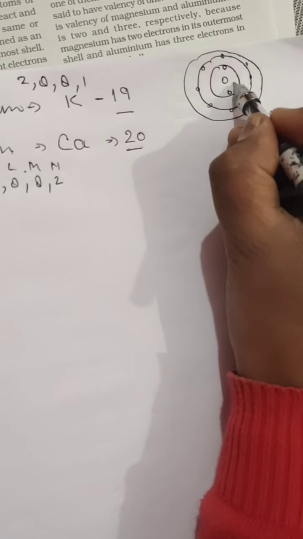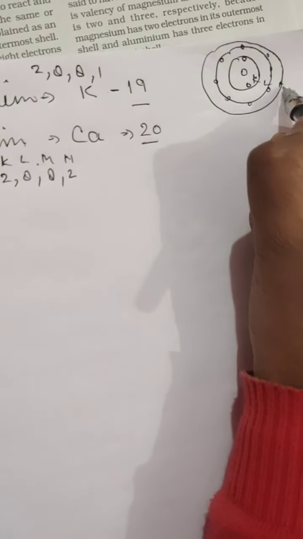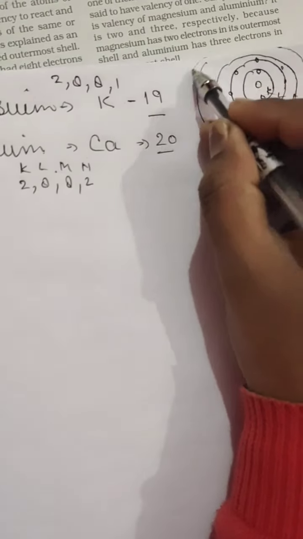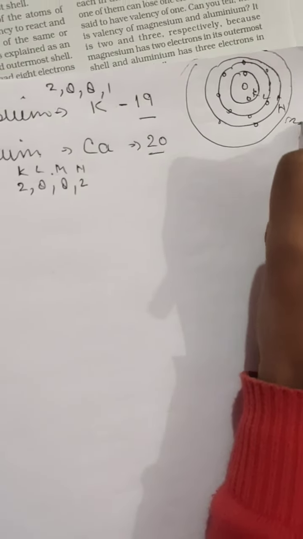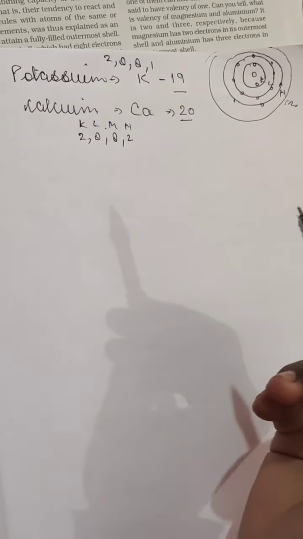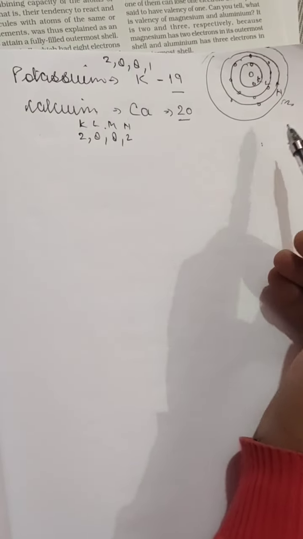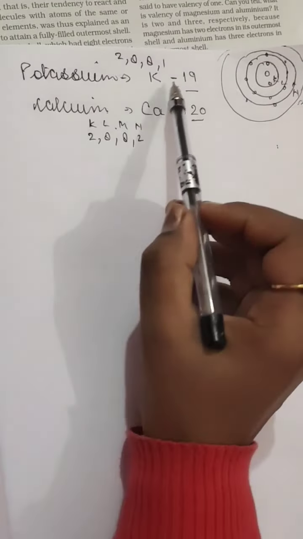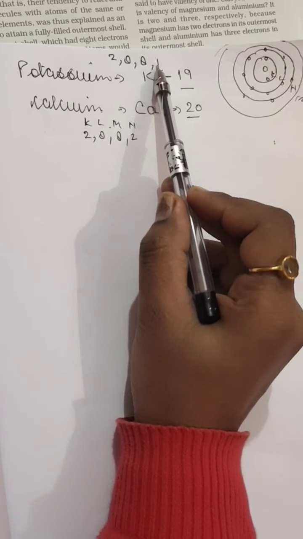There will be 8 electrons in the M shell as well, and in the N shell there will be 2 electrons. Okay, this is not in the books. You have to do it on your own, or you can ask. I have explained this, and with this help you can also make the structures for potassium and calcium. But keep in mind that this electron will be in the fourth shell.